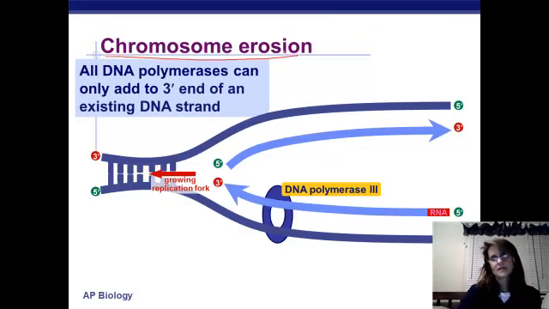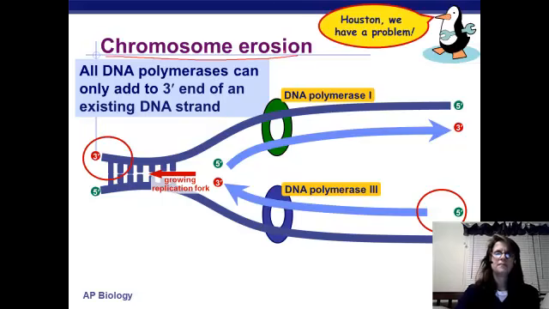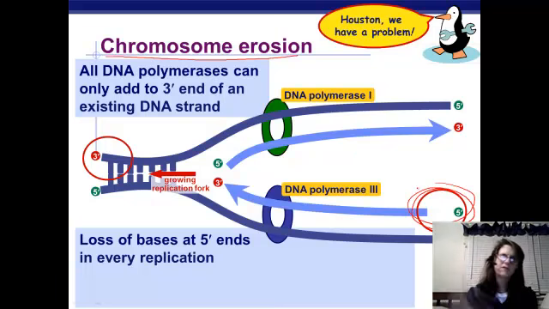Basically, what happens in our chromosomes over time is that after multiple copying events, we lose bases at the 5 prime ends of our DNA every time we copy the DNA.